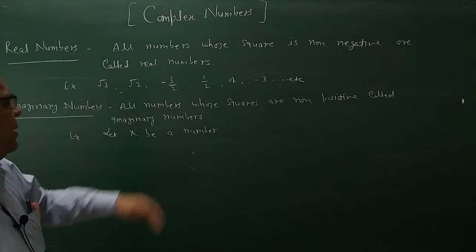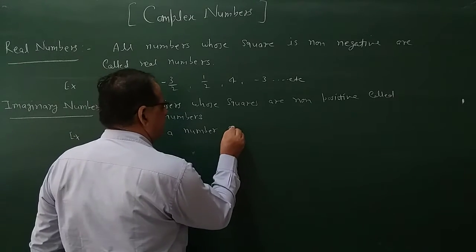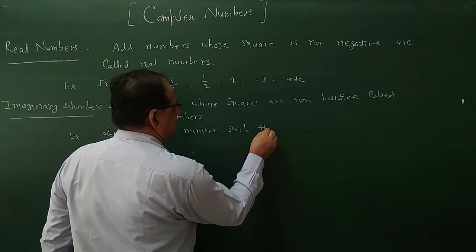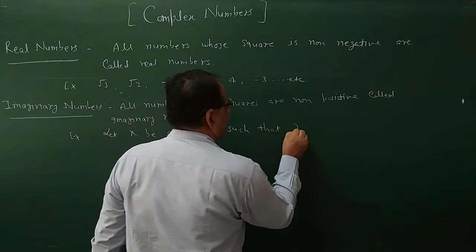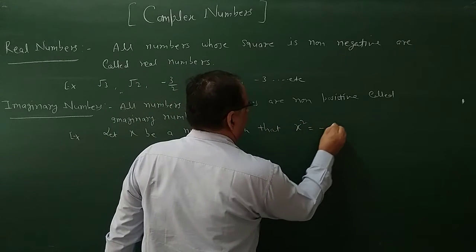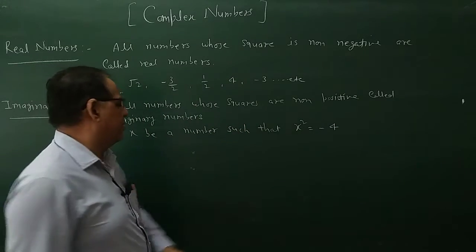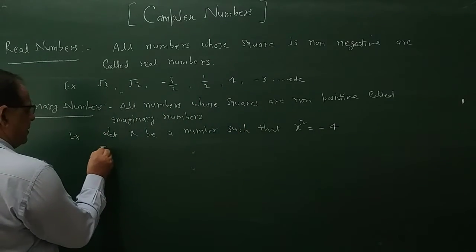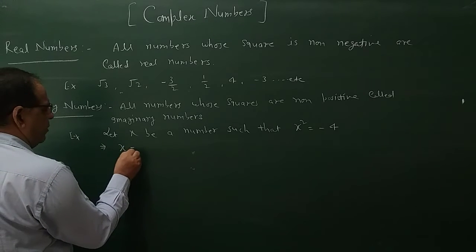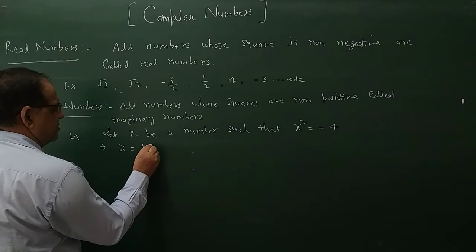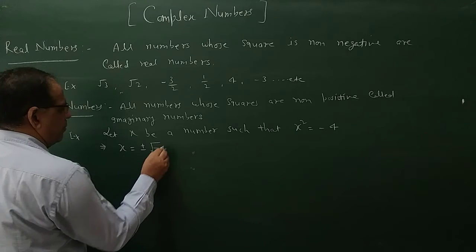So let x be a number such that x square equals minus 4. x is a number whose square is negative. If we simplify, then x equals plus minus square root of minus 4.